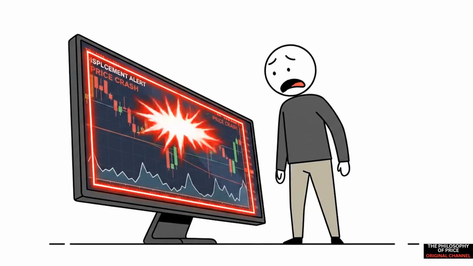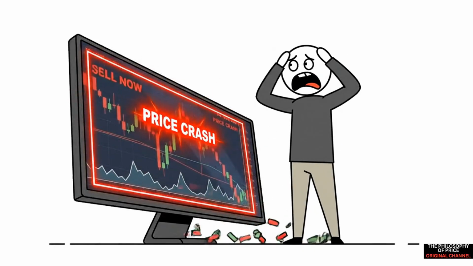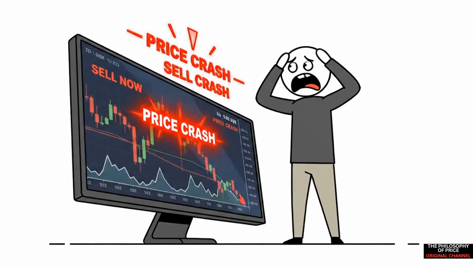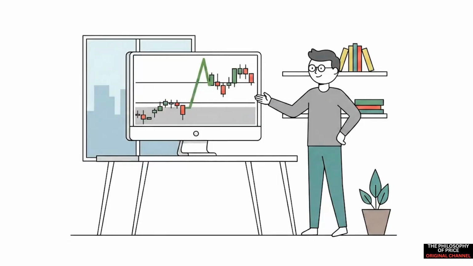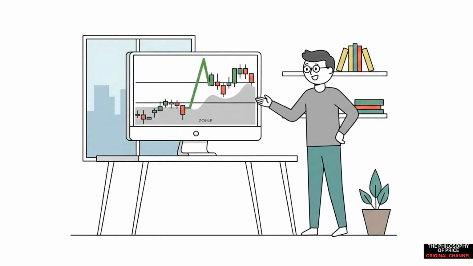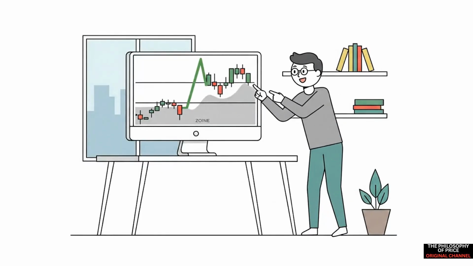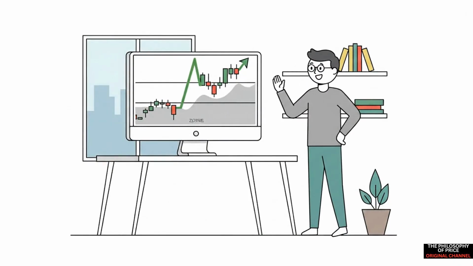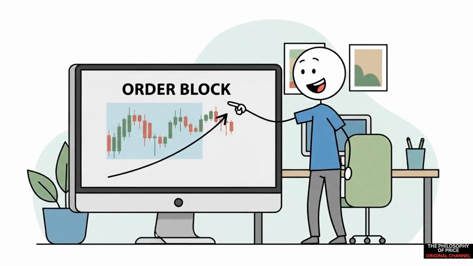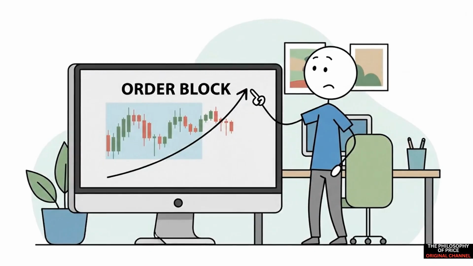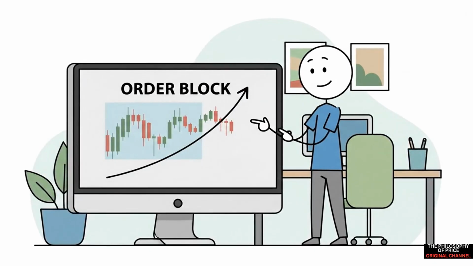Following this period of accumulation, a sudden and aggressive repricing event, or displacement, invariably takes place. Price then rapidly exits this zone, propelled by a fundamental shift in the underlying liquidity conditions that previously held it there.